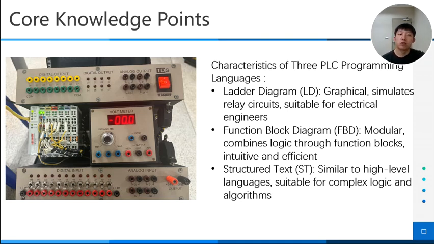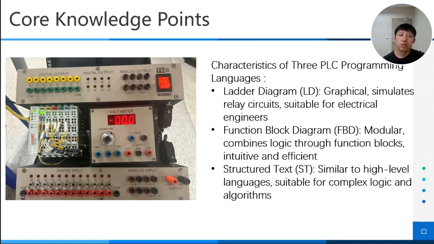This page tells you about the 3 PLC programming languages. First, ladder diagram. It's a picture style. Like drawing relay circuits, it's good for electrical engineers. Second, function block diagram, FBD.